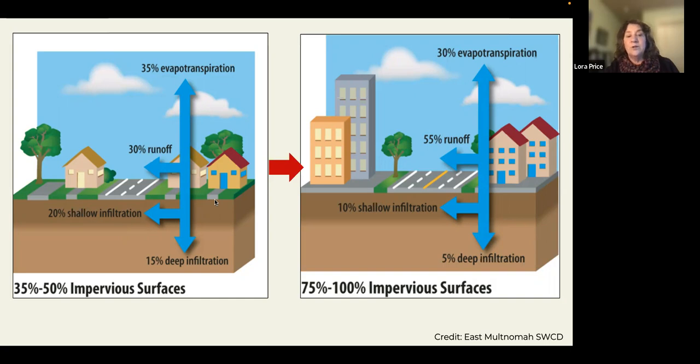We've got more roads and sidewalks and roofs and garages and driveways all together, until we get to a full urban situation with very few places where that water can percolate into the ground. And I would argue that that gets to be more like 75 to 95% runoff. And so it becomes very much incumbent upon us to manage that runoff and steer it somewhere where it can soak into the ground.